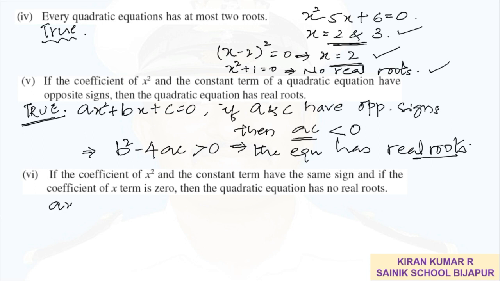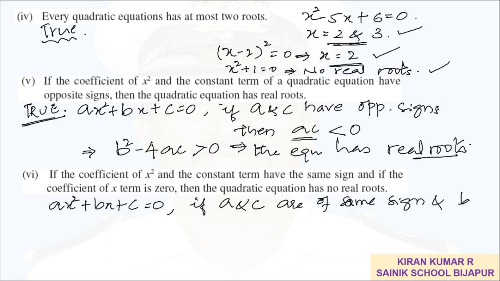Let me take again the standard form. They have given that a and c, the coefficient of x square and the constant, are of the same sign, and b value is 0.